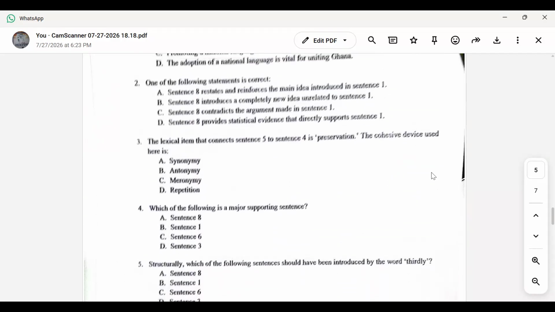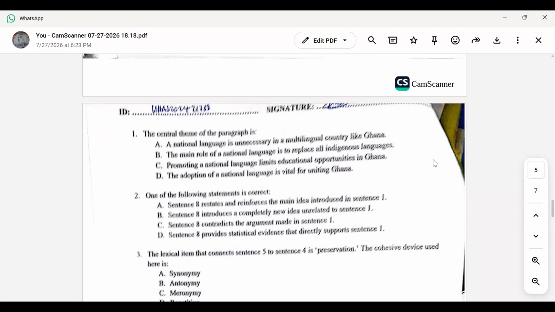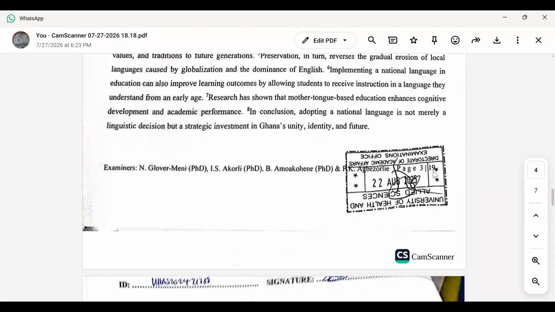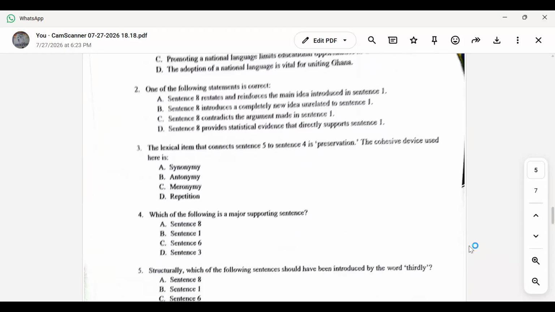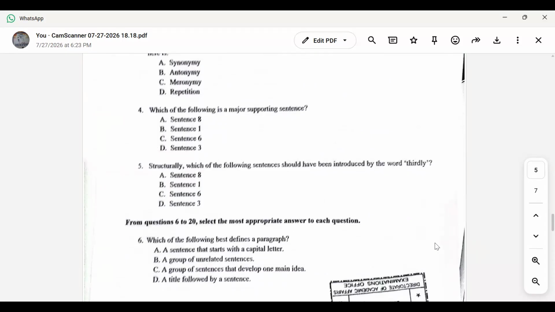D. Sentence 3. C, sentence 6. Let's continue, please.